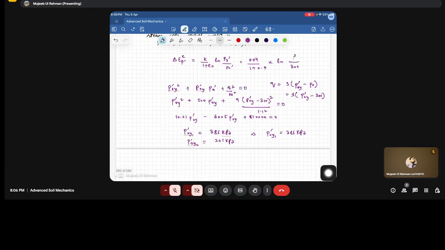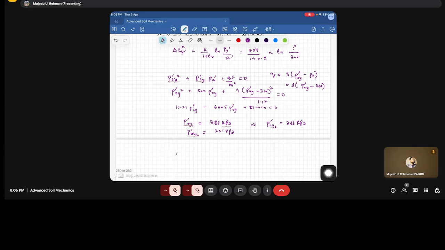Fine. So now we can find the delta epsilon P dash E, which is equivalent to 0.02105 into ln of 386 divided by 300.